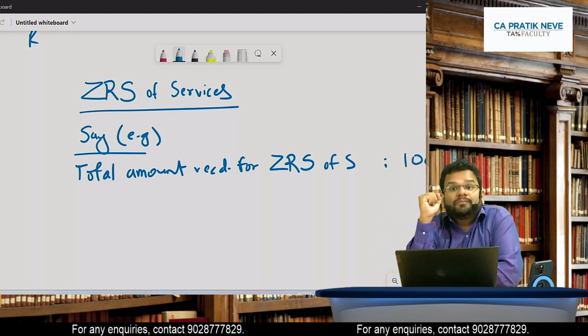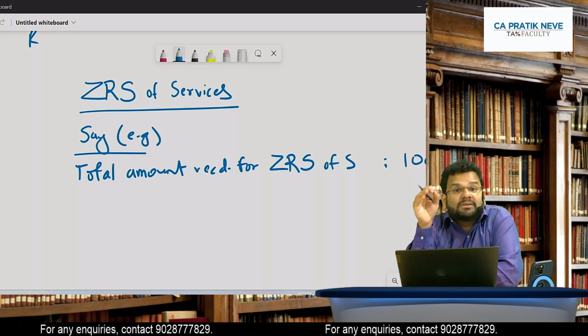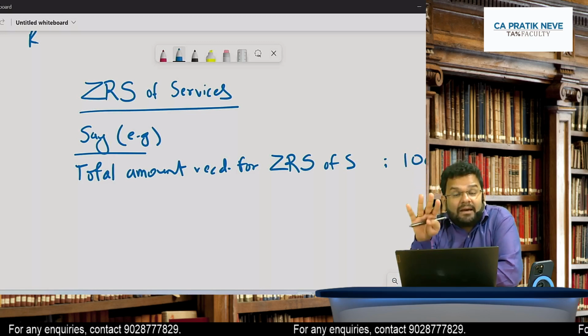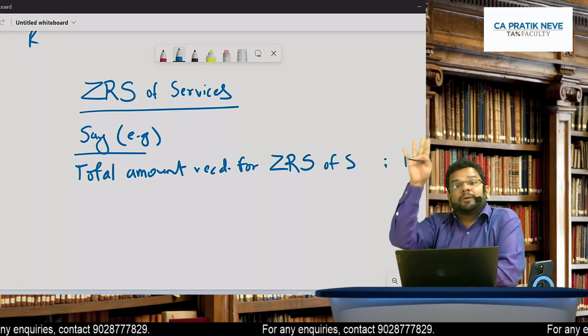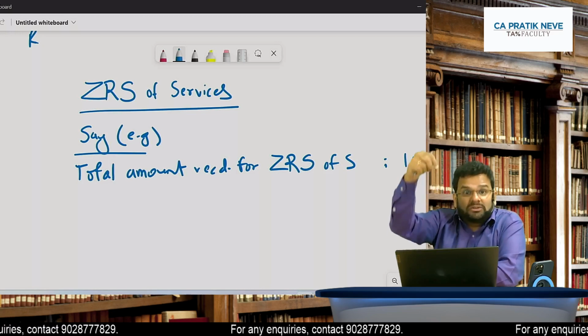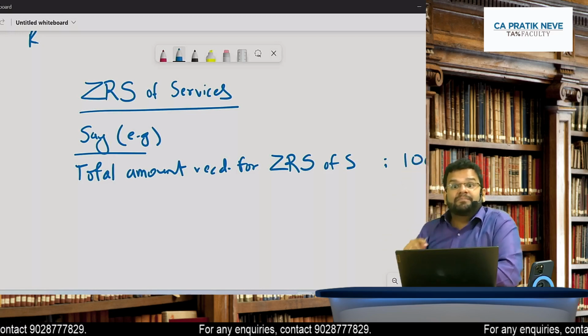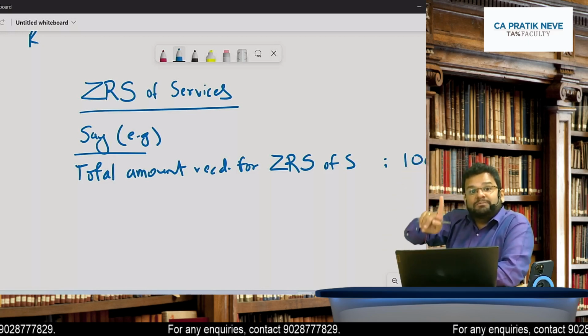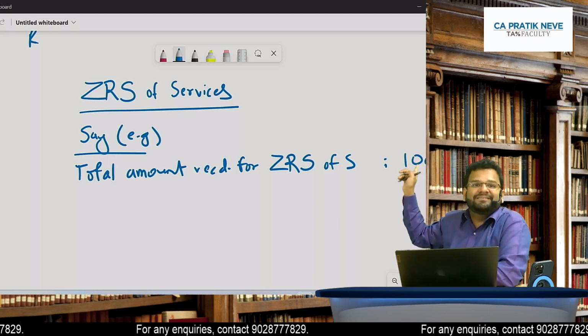No. Why no? Because it can happen that you have done more supply of services this period, but you have received its payment in advance in last period.